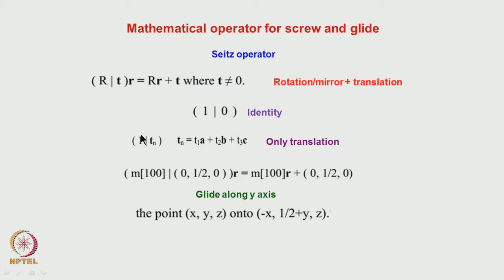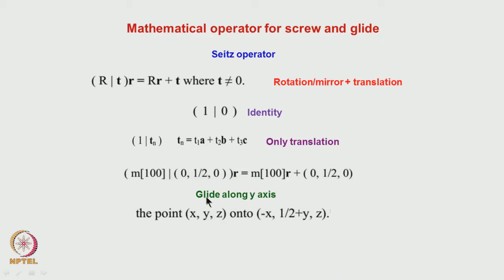In such a case, we can put it this way, that this 1 represents the identity and Tn represents the translation, where Tn could be T1 into A plus T2 into B plus T3 into C, where A, B, C represent the lattice translation vectors. Suppose it is a mirror, and the mirror is on the 1 0 0 plane, then this is the way it could be represented.